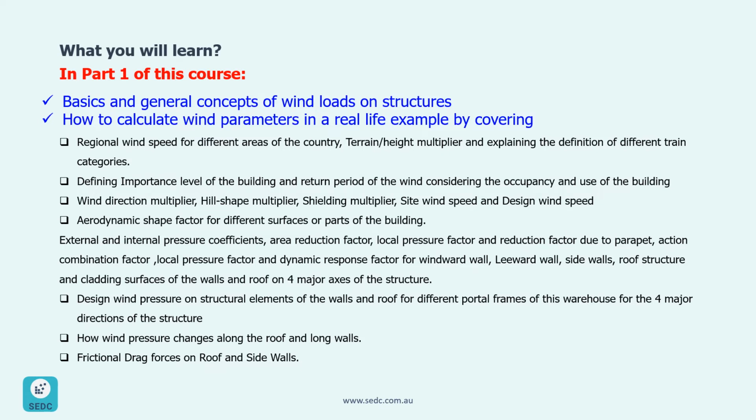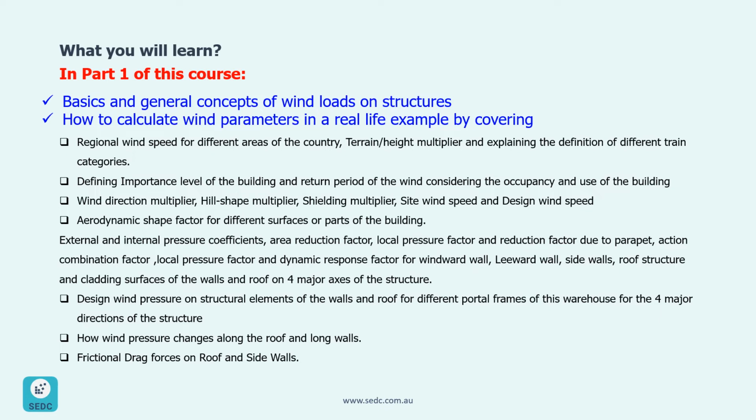These wind parameters include regional wind speed for different areas of the country, terrain or height multiplier and explaining the definition of different terrain categories, defining importance level of buildings and return period of the wind event, considering the occupancy and use of the building, wind direction multiplier, hill shape and shielding multipliers, site wind speed, and design wind speed.